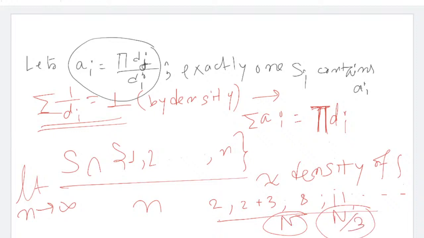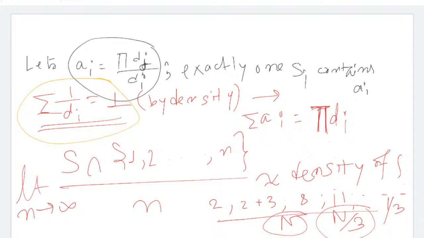So we can say the density of this sequence is 1 by 3. Oh, okay, that makes sense. That's a crude explanation of how density works. It's not very important for this. This relation is probably going to be important though, because that's literally the only thing we know about the Ai.